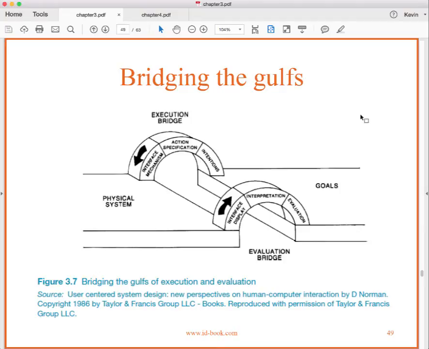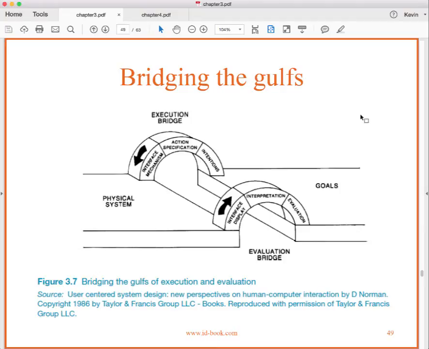So they have intentions, they turn that into an action specification, they use the interface mechanism, and then they send off the instructions to the system. And we're saying it's a physical system, but in our case it's pretty typically an electronic system. I mean, there's always some kind of a physical device that we interact with.